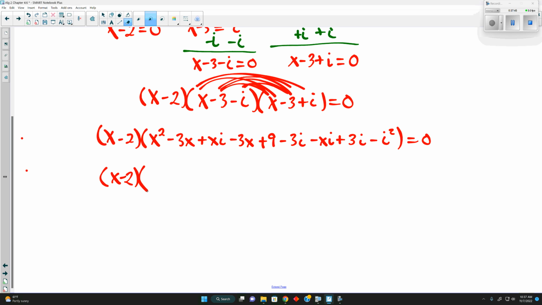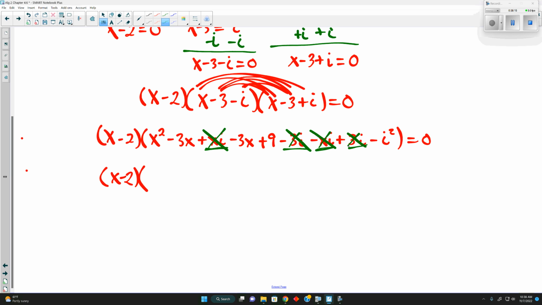And as crazy as this second part looks, it's almost as crazy how simplified this will get. Because if we look at this here, xi and negative xi, that is 0. Negative 3i plus 3i is 0.